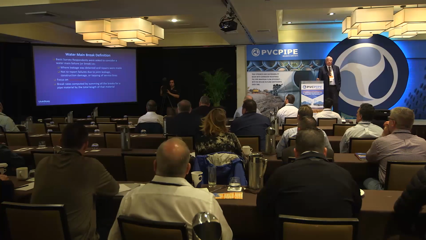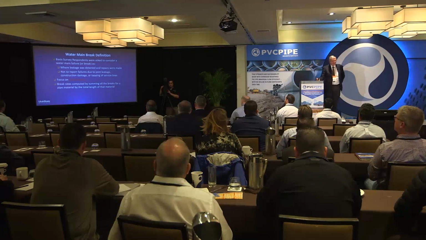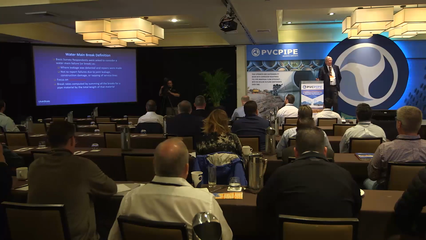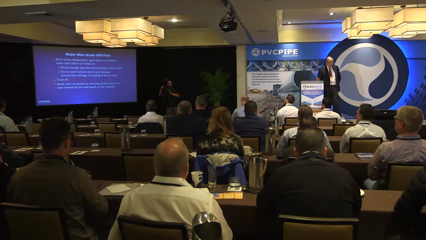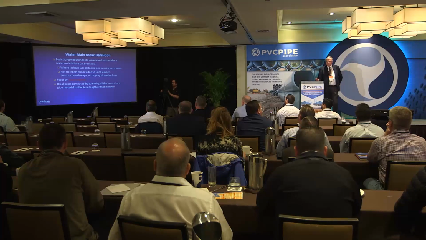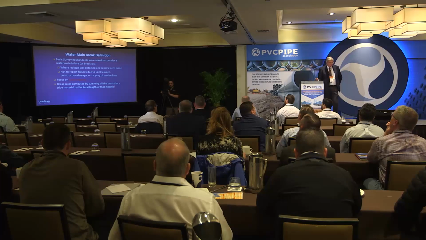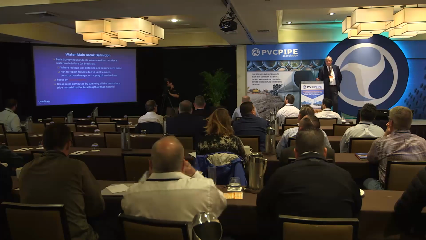All right. Everybody might have a little bit different definition of what we call a water main break. We spelled it out from the beginning. We used the exact same definition we used in 2012, and that is where leakage was detected and repairs were made, but we asked the respondents not to report breaks due to joint leakage, construction damage, or tapping of service lines.